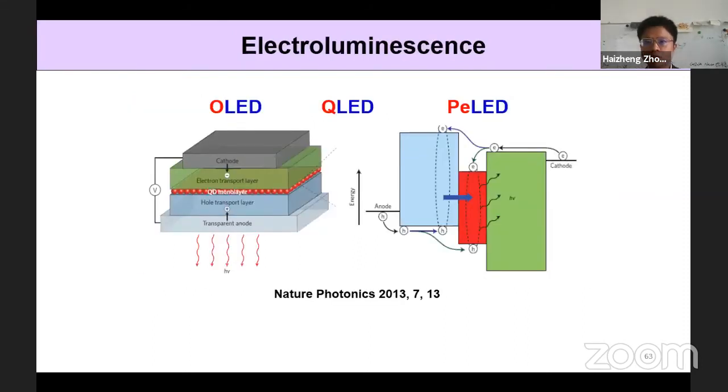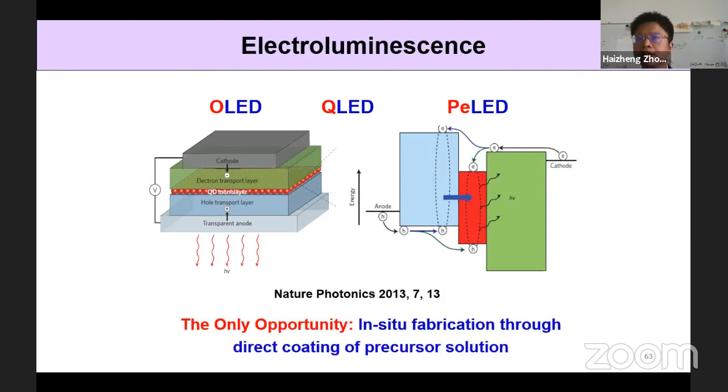As we all know, OLED is already on the way to commercialization, and the performance of QLED is also comparable with that of OLEDs. How can perovskite QDs succeed?